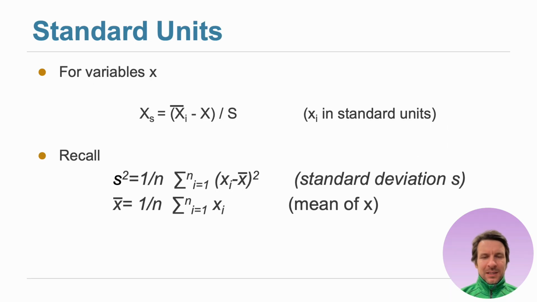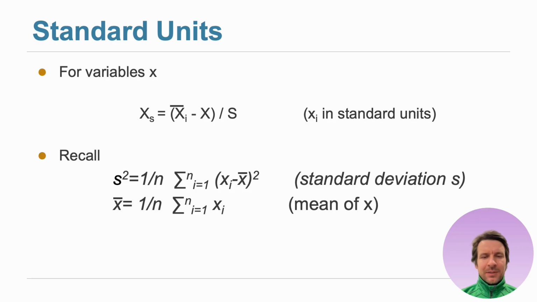Right. So here's the scaling. If I have a variable x, then here is how it looks in standard units. I take xi, subtract it from the average of x, the mean of x.